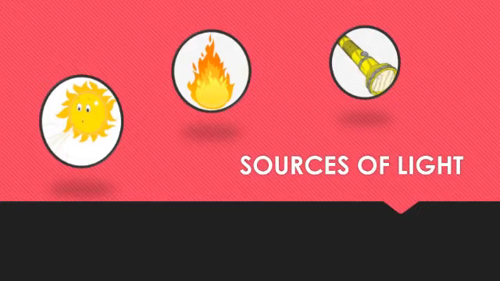So here you can see some sources, and here it is sunlight. This is the major source; without it we are not able to see anything around us. Then at night timings, people learned how to see. They make up a fire, and with the help of fire they can easily see things when there is no sunlight, usually at night, or in dark rooms where there is no sunlight.